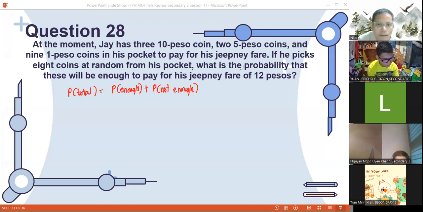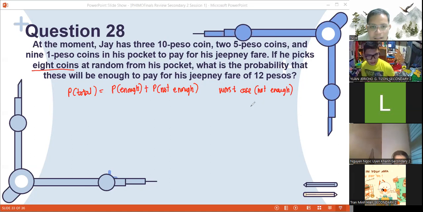You'll get 8 coins at random, no? So the worst case, which is not enough, is that all of the 8 are 1 peso coins. Because this is just 8 pesos, right?